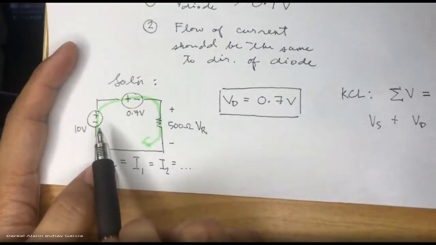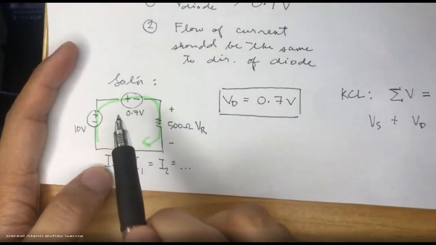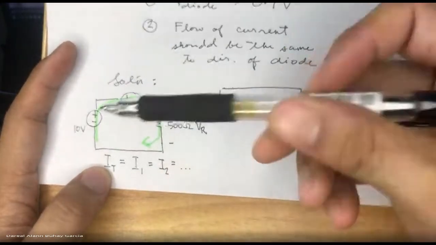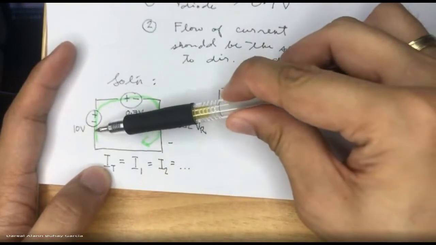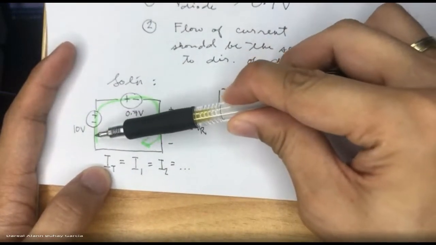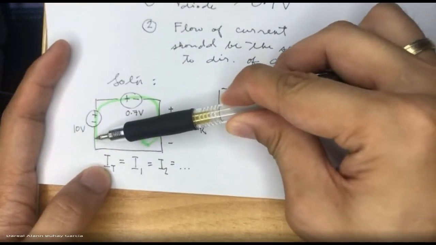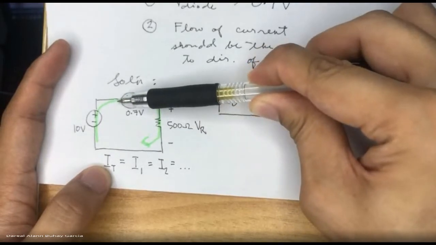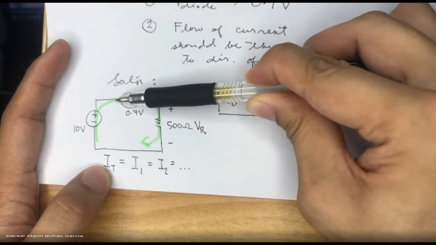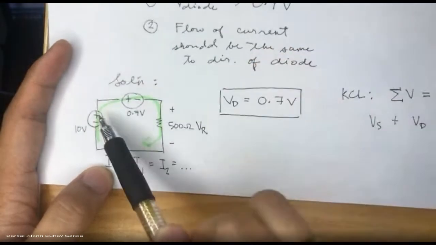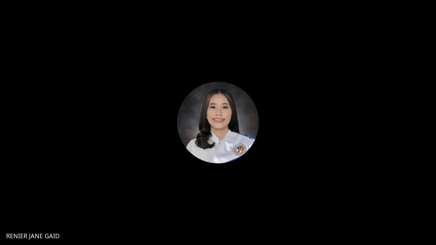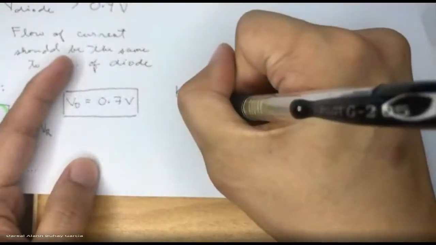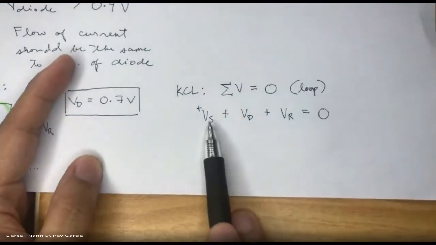Kung asa mo gawas ang current, mao to ang sign sa atong device. Example, sa battery, mo sugod ta gikan dire, padalong didto. Unsay sign sa iyang exit? Positive, sir. So positive ang sign ni voltage source.